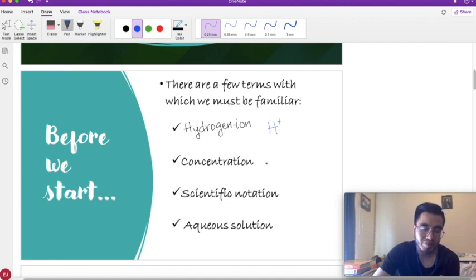Now concentration, that is the amount of solute dissolved in a given amount of solvent, or how much stuff we have dissolved in a solution, such as hydrogen ions per liter.